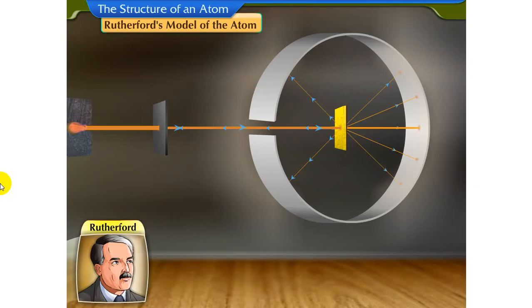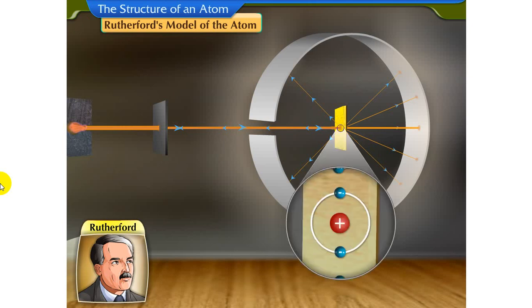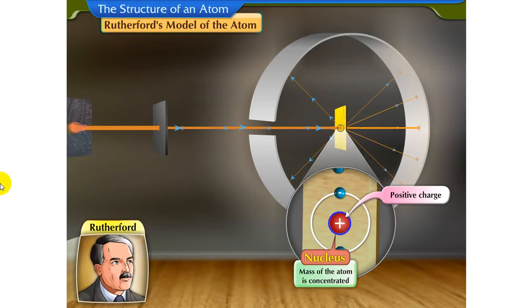Based on Rutherford's observations, he formulated his theory of the atom. The main features of his theory are as follows. There is a positively charged center in the atom called the nucleus, in which nearly all the mass of the atom is concentrated.